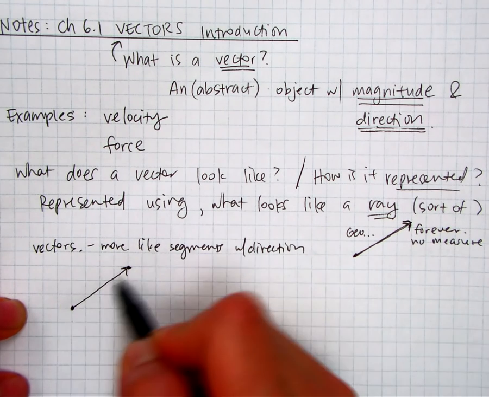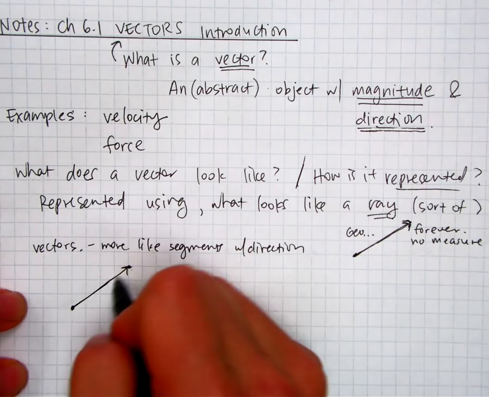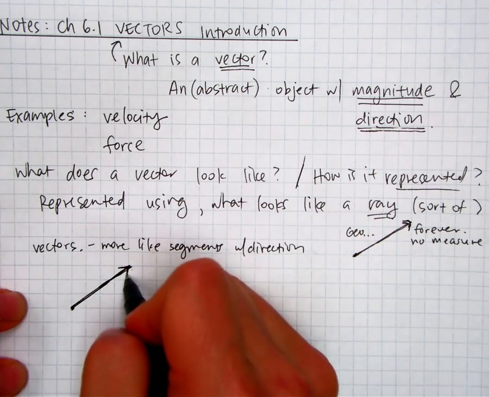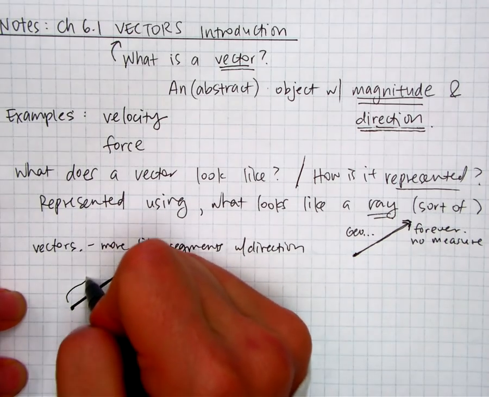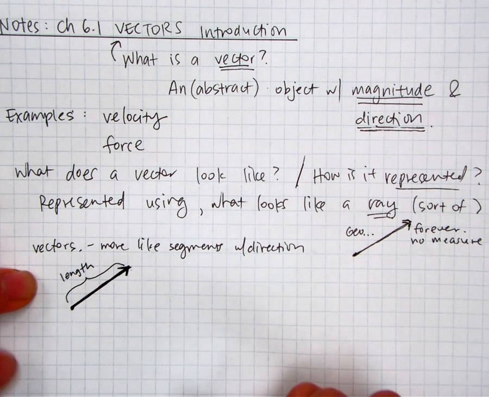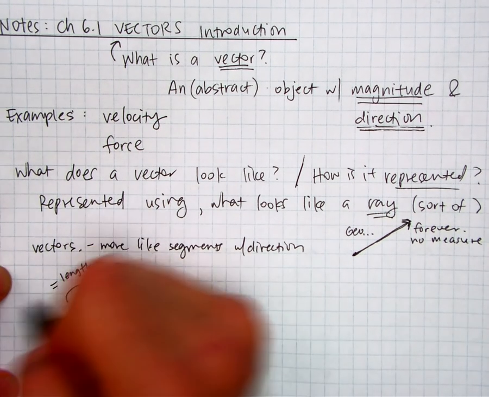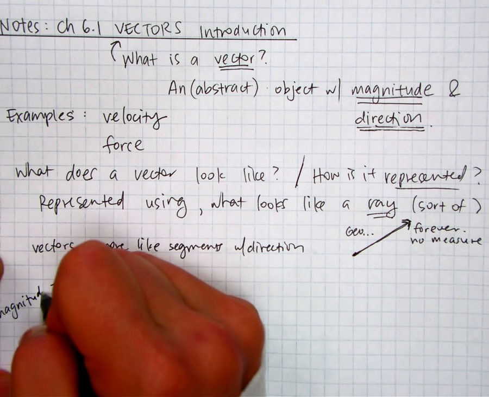It does have a measure. The length of this vector, so a vector is not quite a ray, because this actually has a length. This length represents the magnitude.